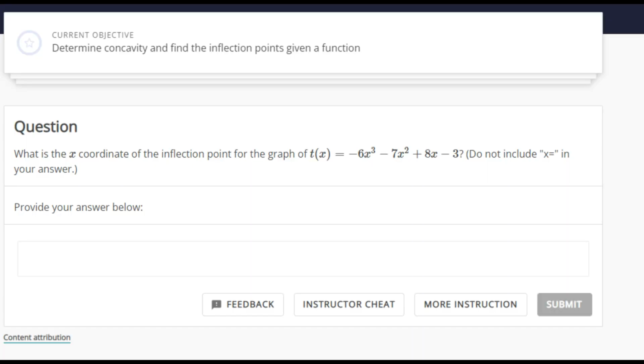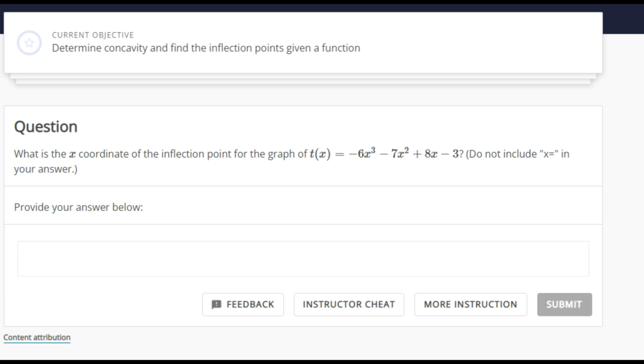All right, so let's look at the first question. We have a function t of x, and it's a polynomial, so it will have some inflection points, unless it's linear.